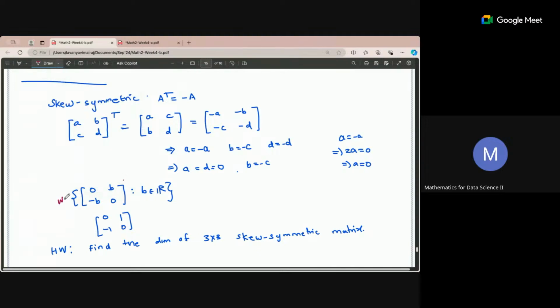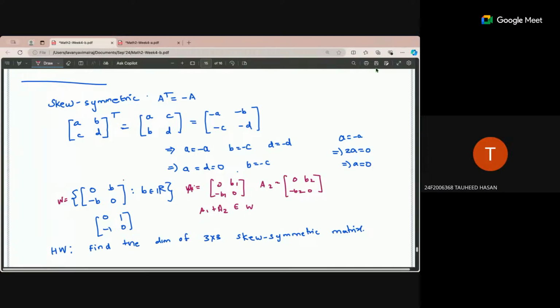Let us call this set W. I take two vectors: W1 with A1 equal to 0, B1, minus B1, 0, and W2 with A2 equal to 0, B2, minus B2, 0. These two are in W. What about their sum? Is that also in W? Yes. Similarly, the scalar product is also in W. So it is a subspace.